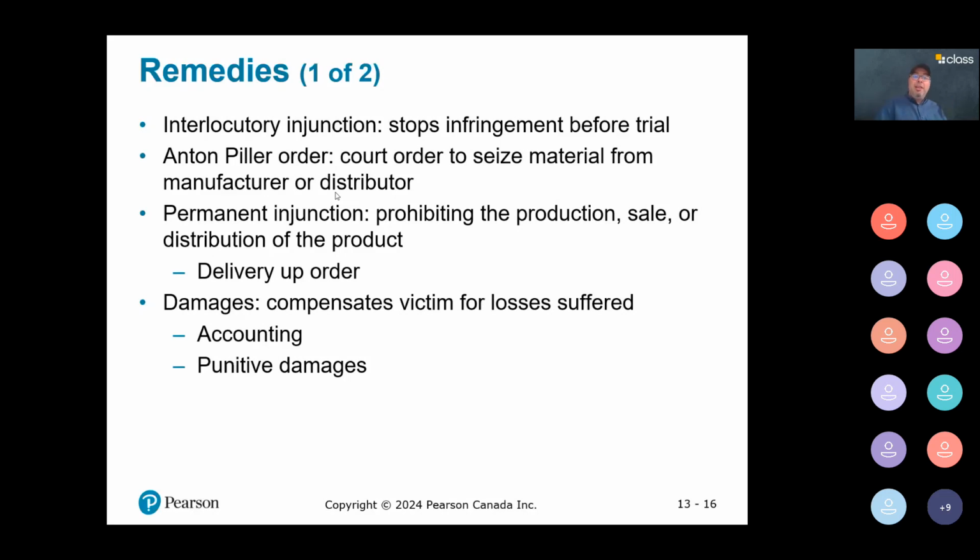So to avoid that the infringer gets rid of the evidence, the owner of the copyright would seek this Anton Pillar order in a way that my laptop, or wherever the offending material is, would be seized and kept in court so that evidence would be preserved. So that's the Anton Pillar order.